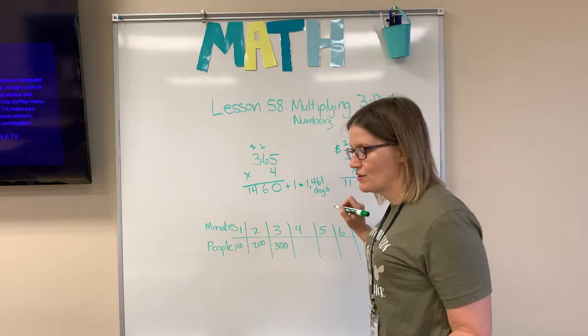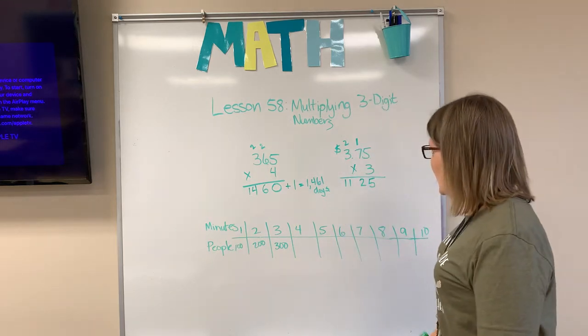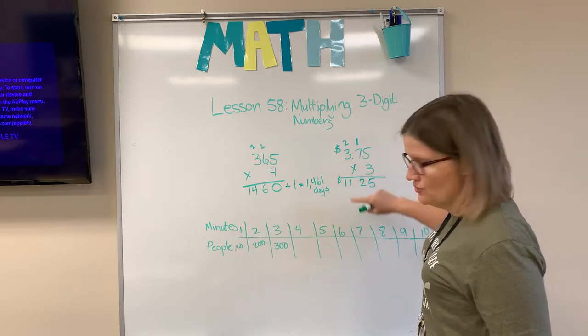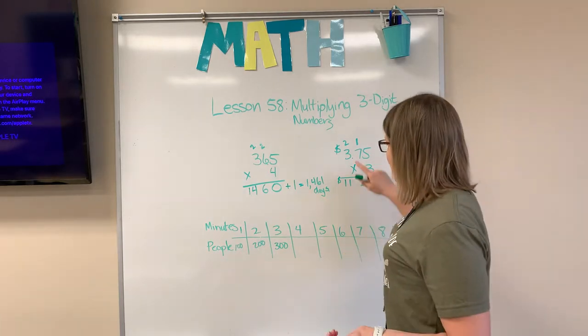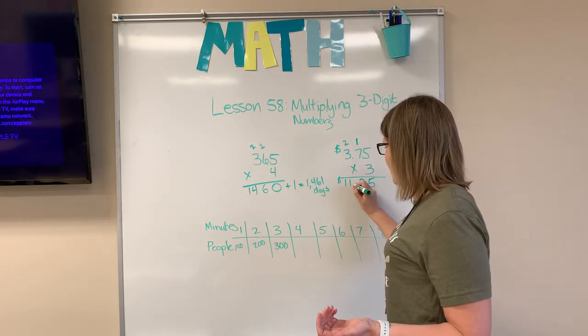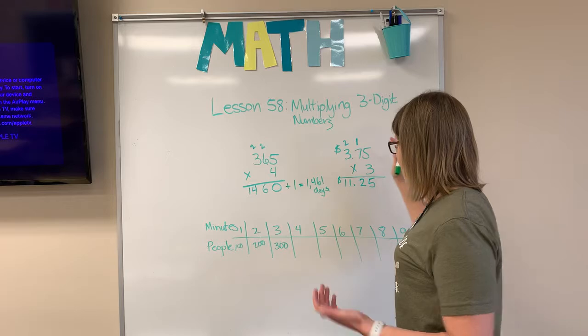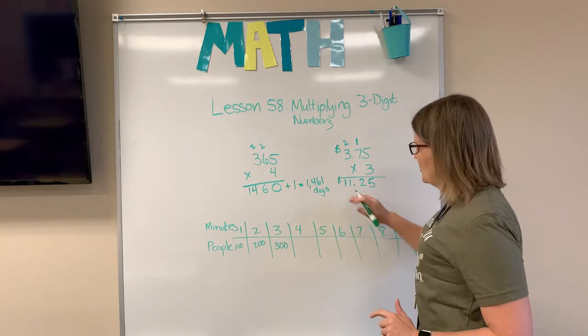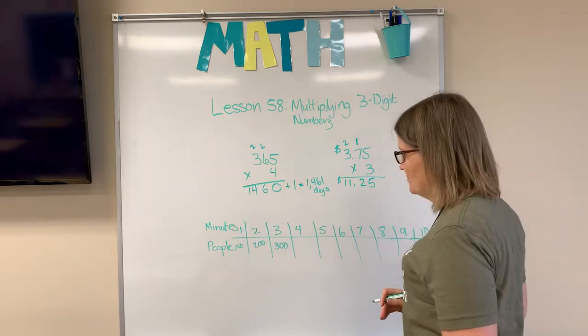Now, what do we do with our decimal? In this situation, when we're multiplying decimals, we keep our decimal all lined up. So we just pull that down right to this place. So it would cost $11.25.